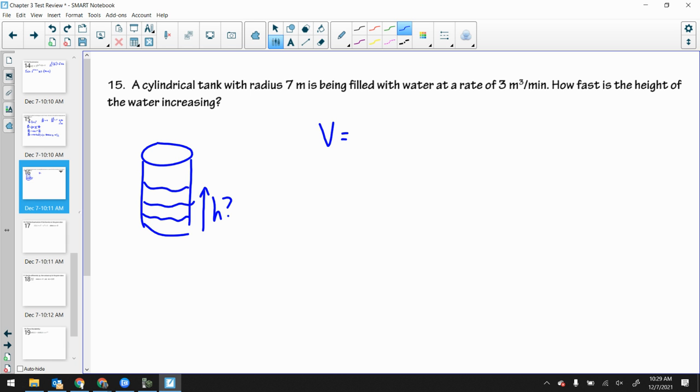All right, cylindrical tank. Volume is equal to pi r squared h. All right, we know dV/dt. That is 3. We know r is 7.